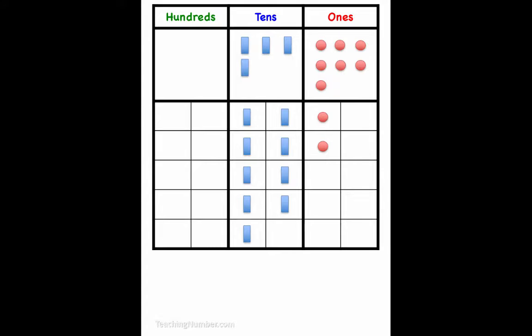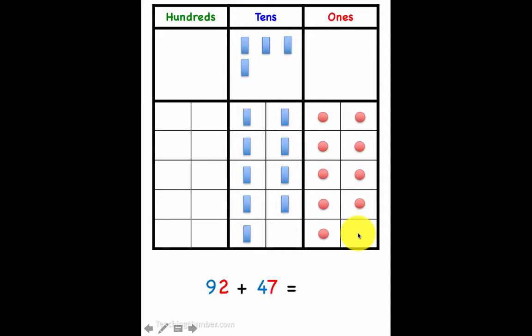In this example, we have 9 tens and 2 ones in the 10-frame, and 4 loose tens and 7 loose ones. We are modeling the addition problem 92 plus 47. We can move all 7 ones into the 10-frame and still have an empty frame, so we do not need to unitize ones to create a 10.